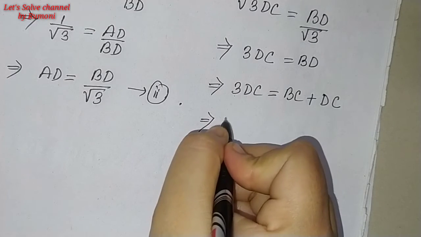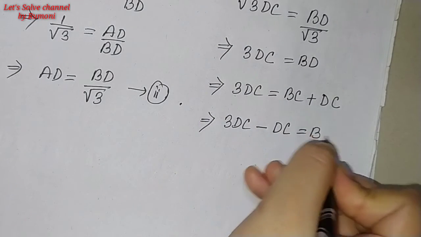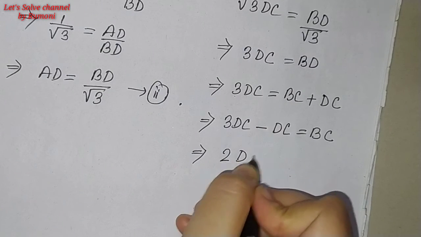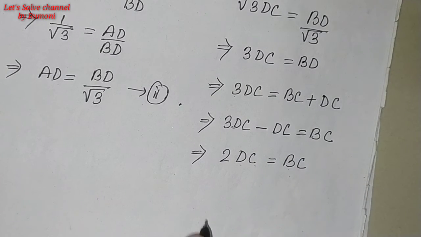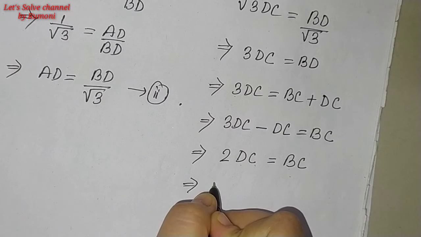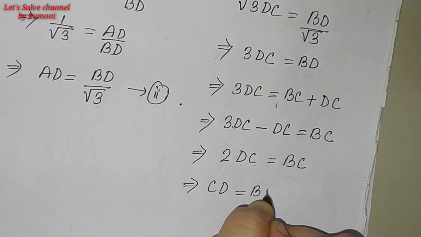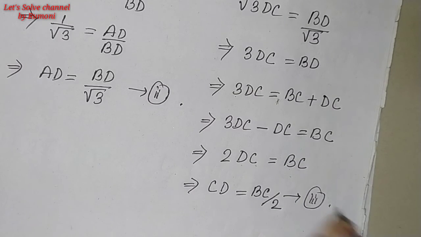So you will get 3DC minus DC equal to BC. That means 2 into DC equal to BC. Okay. So you will get CD or DC equal to BC by 2. Give it as number 3.